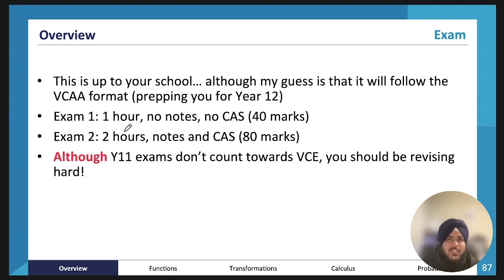So although year 11 doesn't technically count towards your VCE or your ATAR, you should still be revising hard, and you should be preparing yourself on the level of effort that's required in order to do well in your exam. So don't neglect your exams, really focus on it, try to put in as much effort as you would next year.